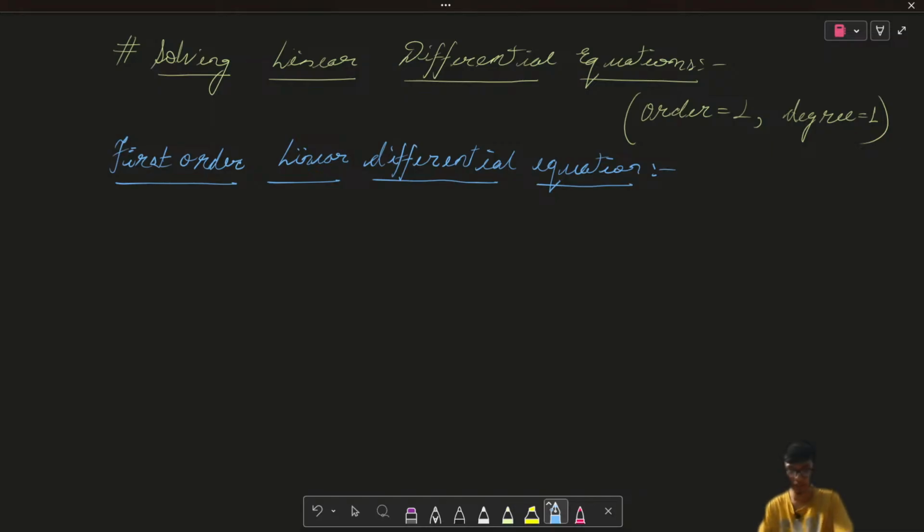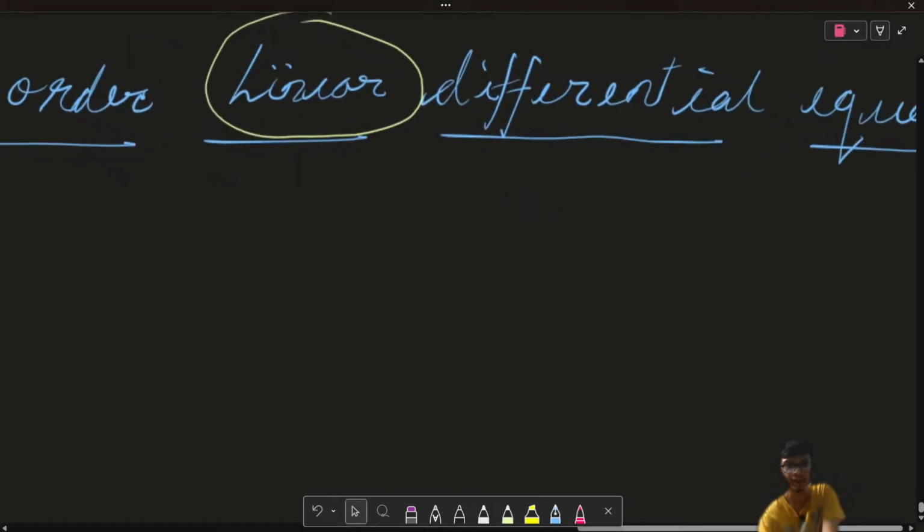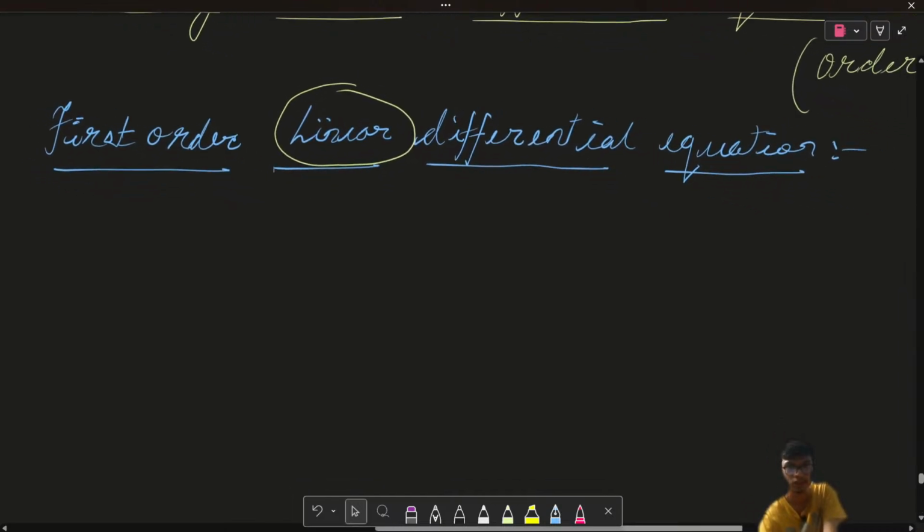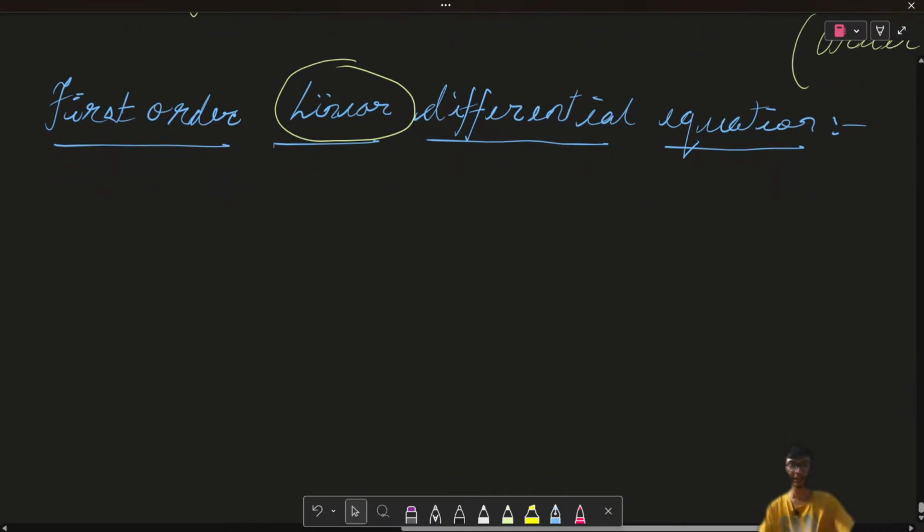So let's talk about the word linear. What do we actually mean by a linear differential equation?